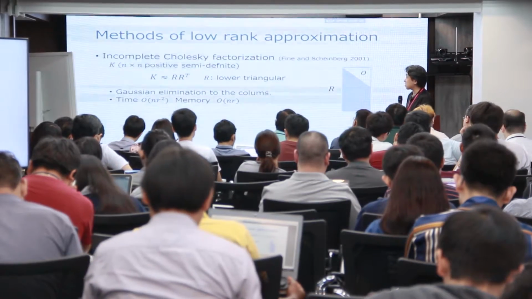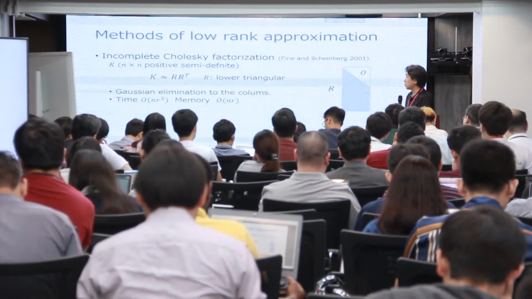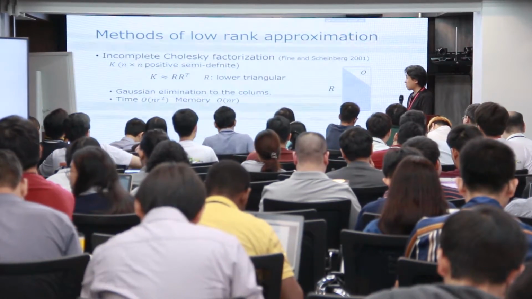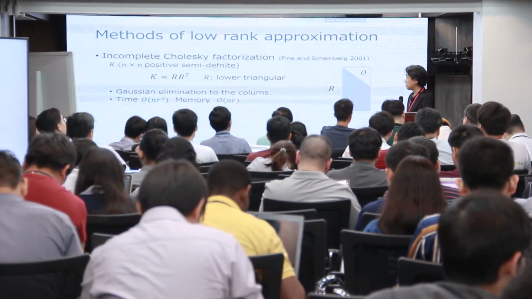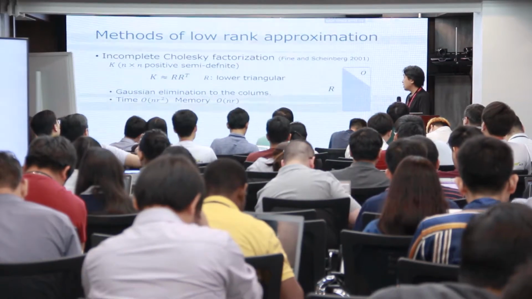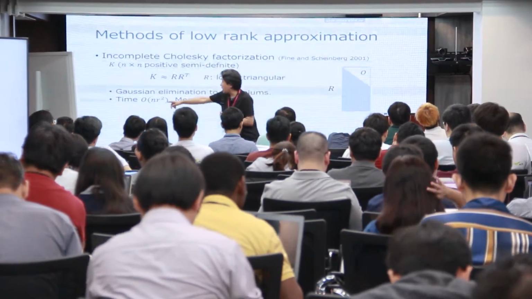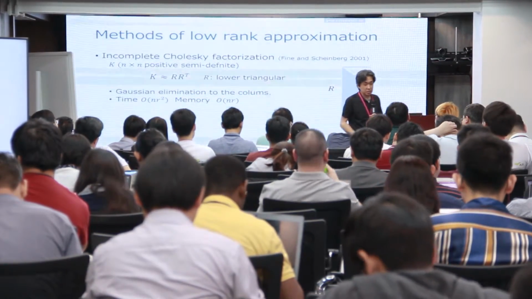This is basically given by Gaussian elimination, which is probably within a standard course of linear algebra, the method to diagonalize a matrix to solve a linear equation. The computation of this algorithm is n times r squared, and the memory is n times r, so everything is linear in n.